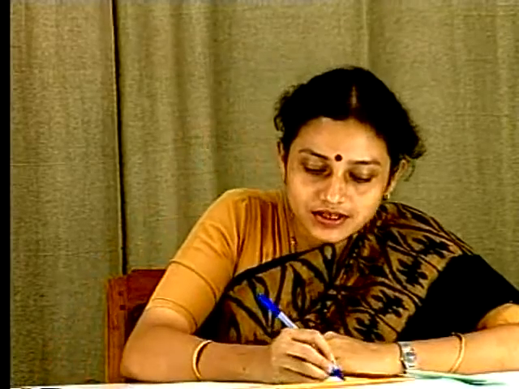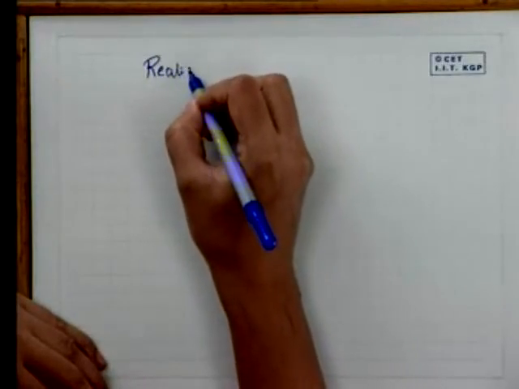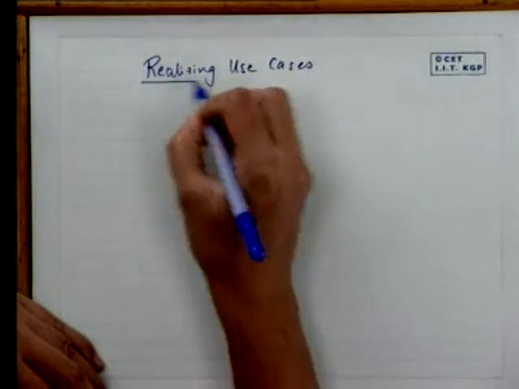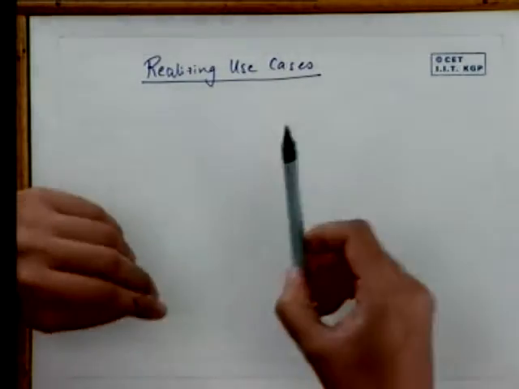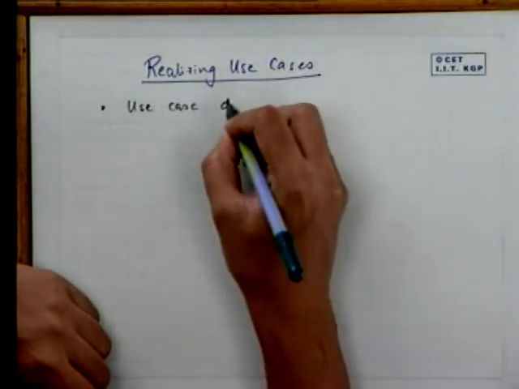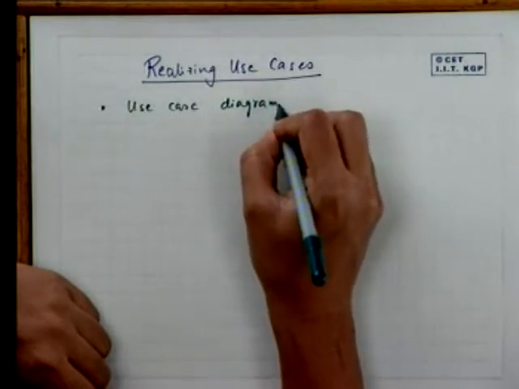Next comes the question of realizing use cases. So use cases are realized, as you have seen, by use case diagrams. And the system requirements, as we have said, are collected as a set of use cases. And after the use case diagram is constructed, this forms the key source for further modeling.